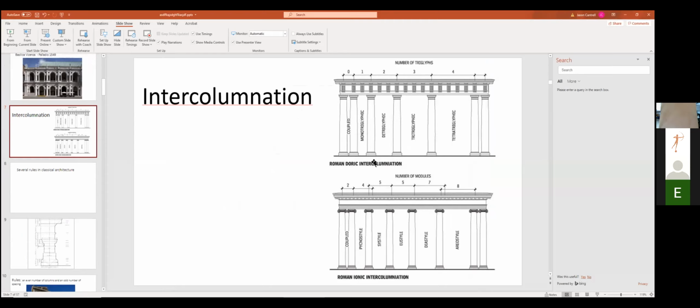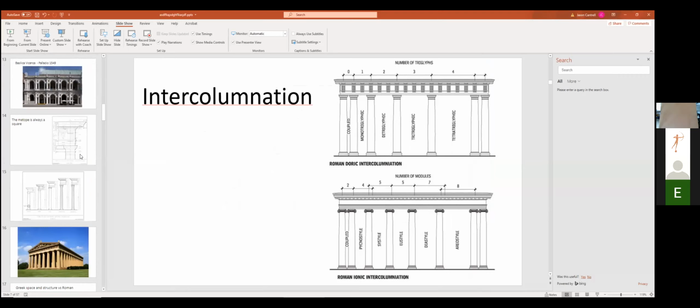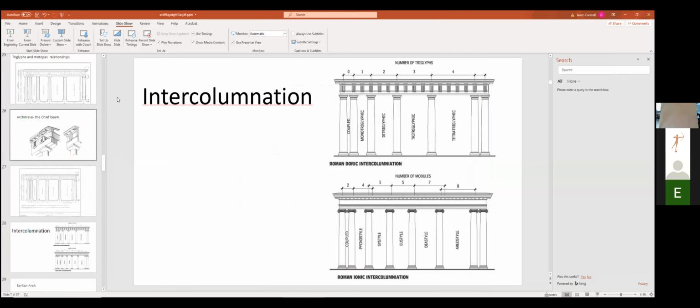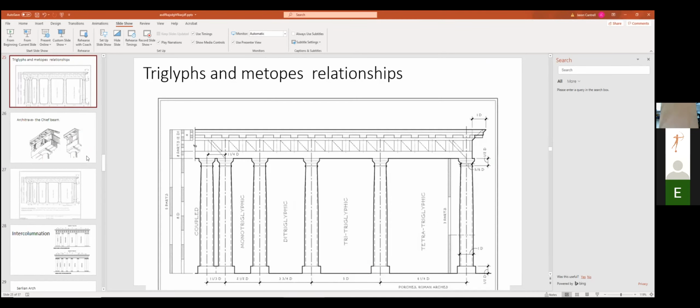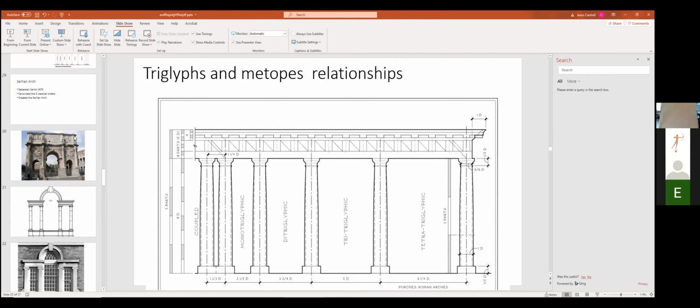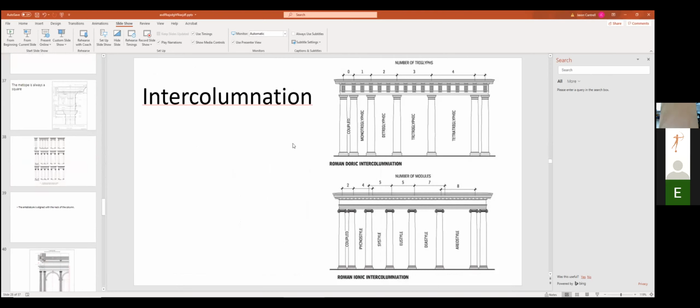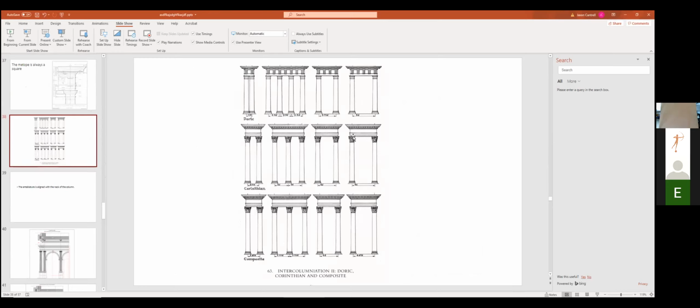That's a good question, because originally what I was saying is the triglyphs in Doric architecture are evident on the facade. Let me go back to this one. Let's look at this relationship. Because we're looking at the Doric language of spacing. We're looking at Corinthian.